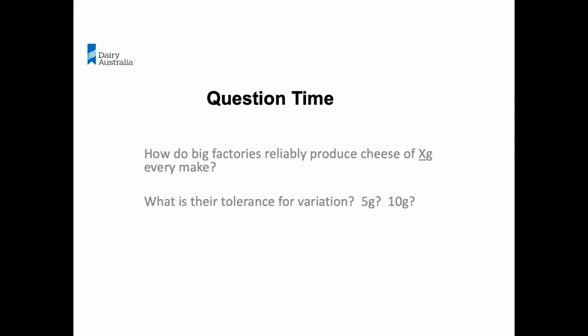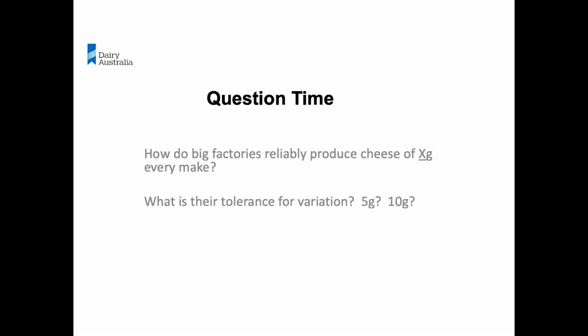Well, how do big factories reliably produce cheese of X grams every make? And what is their tolerance for variation? The main thing is that the big factories completely standardize the milk: in fat by skimming or adding cream, in proteins by adding skim milk powder or whey powder, the pH with either GDL, glucono-delta-lactone, or CO2, carbon dioxide gas injection in the pasteurizer inline, mineral standardization with calcium chloride addition, and then bacteriological standardization with the pasteurization.